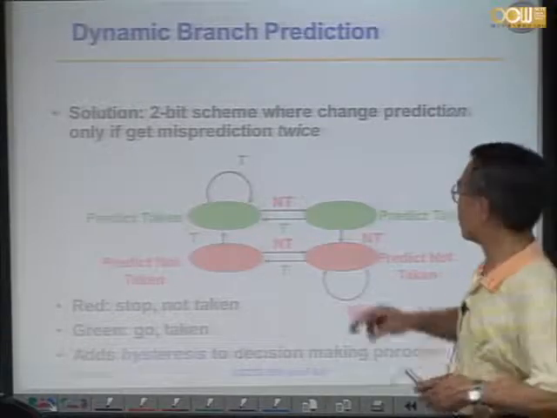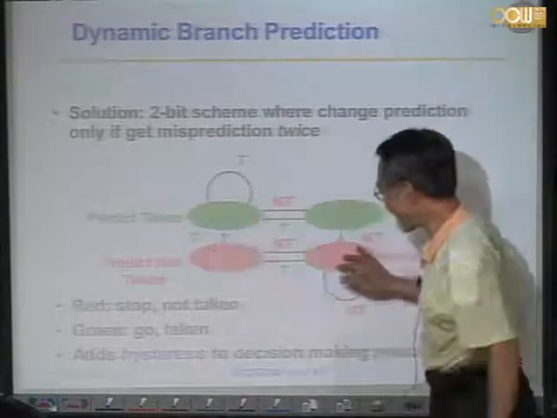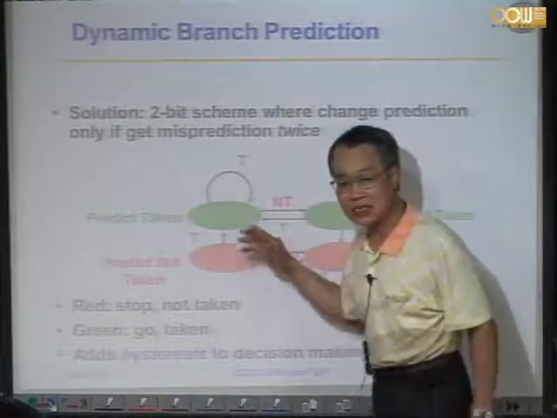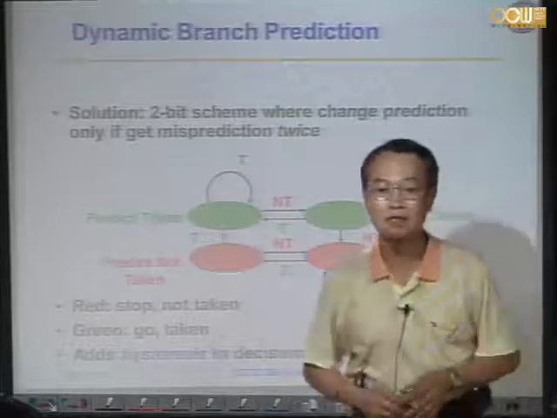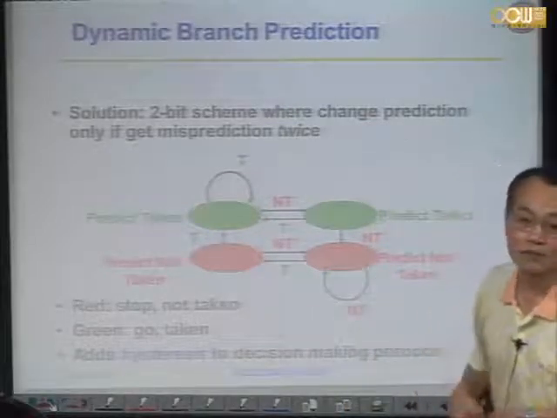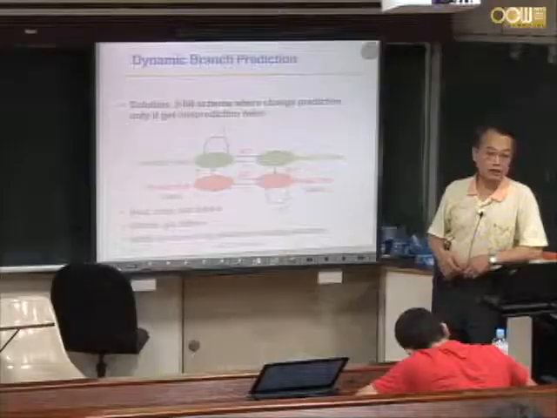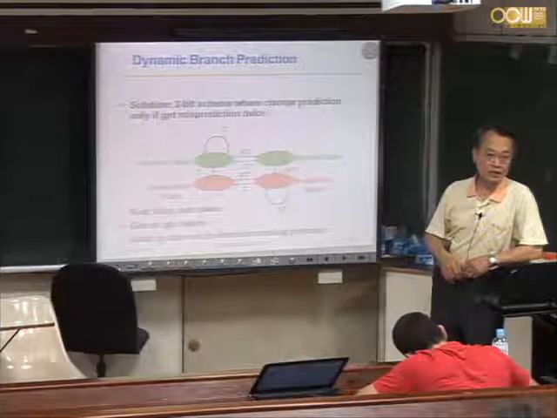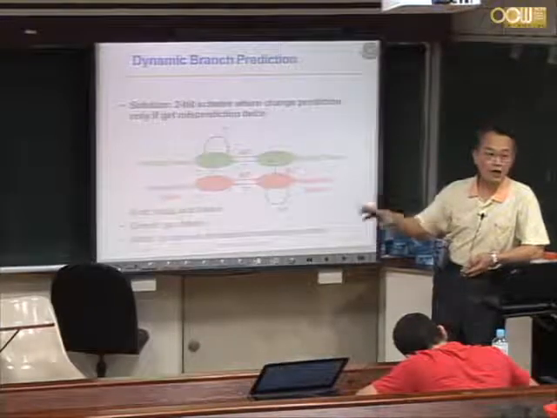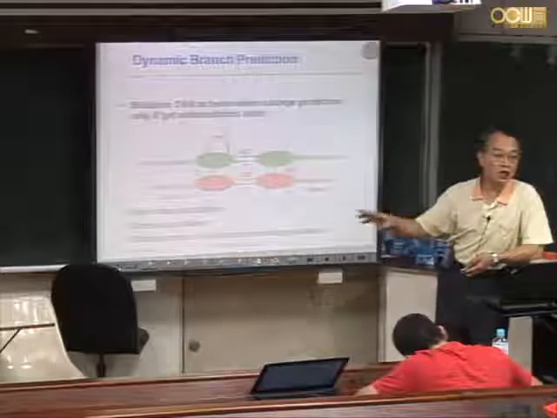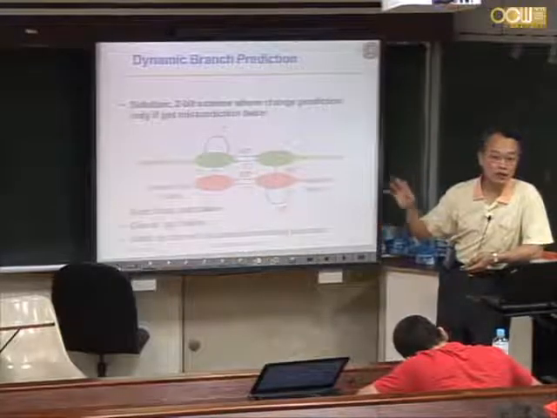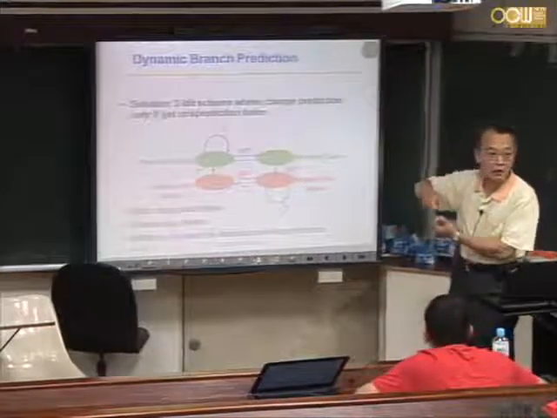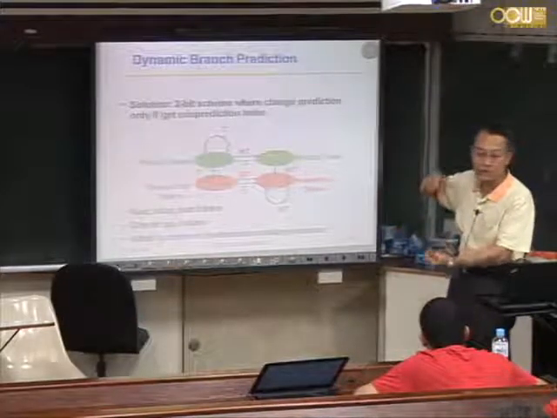But with 3 bits, in other words up to 8 states, the predictor will be too unresponsive, too slow. Too fast is no good, and too slow is no good either. It's like the car shock absorber. You know the car shock absorber? We have a spring and we also have a damper, right? Why do we need the damper?